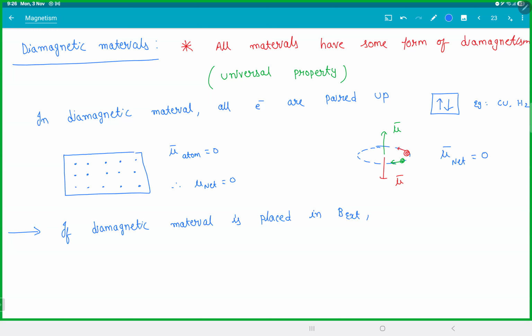No one remembers? They will generate an induced electric field. Whenever there's a changing magnetic field, you get an electric field. By Lenz's law, we get an opposing electric field, which is circular in nature, an induced electric field.